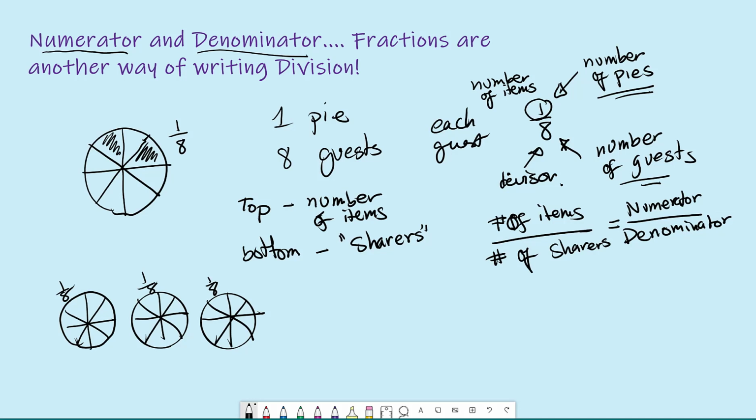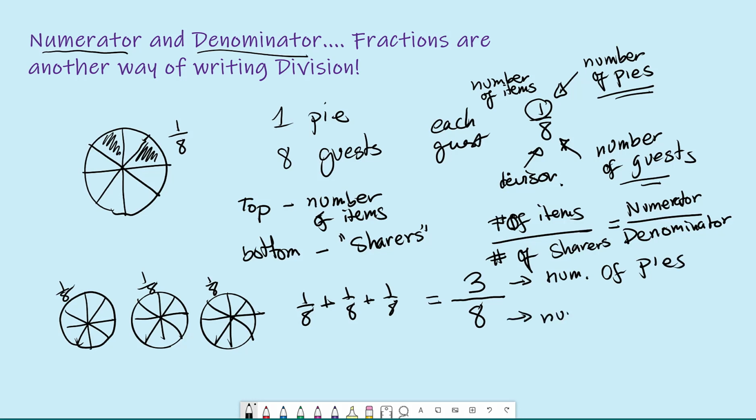So they'll get a total of an eighth plus another eighth plus another eighth. But we can also write it as the number of items, remember that is 3 here, over the number of sharers. Again, we have 8 guests, so that's 3/8. So this is now the number of pies, and here the 8 is the number of guests.